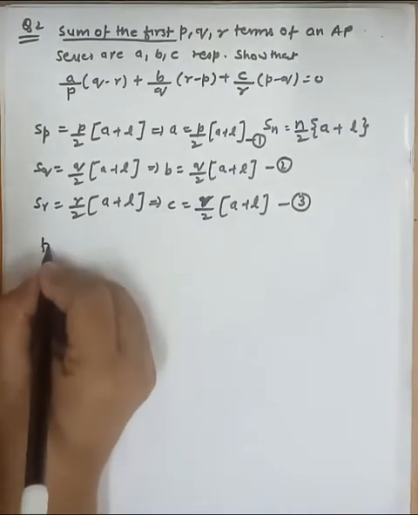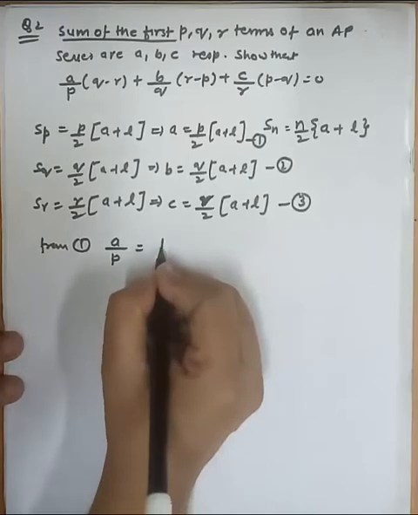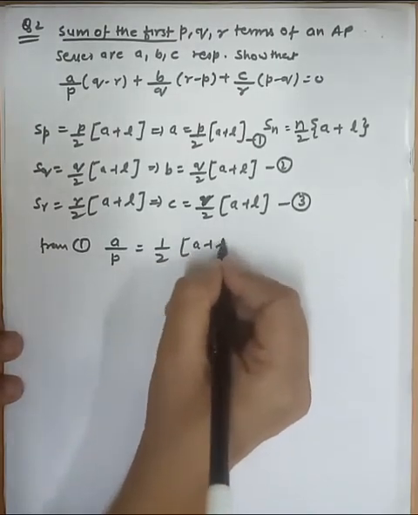So from 1 we get A upon P equal to 1 by 2 (A plus L).